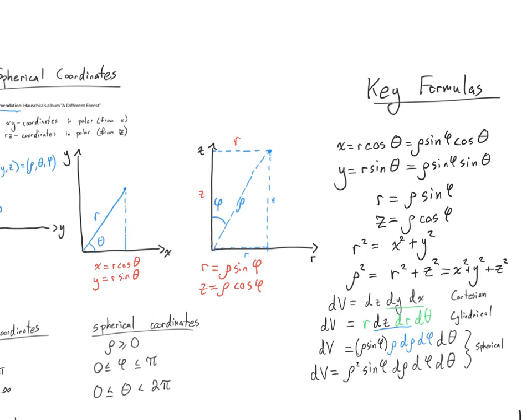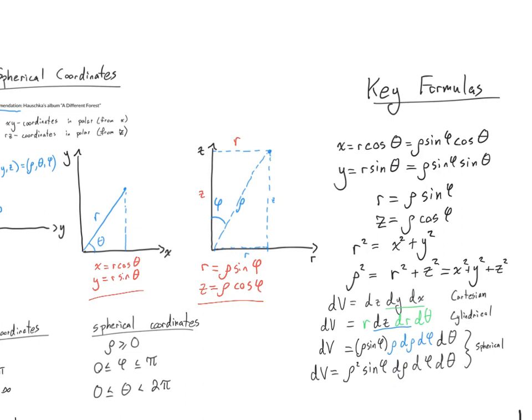And I'm telling you right now, if you remember these two facts, you've basically got all of spherical coordinates down. So remember polar in xy, remember polar in zr, and then you've got everything else.